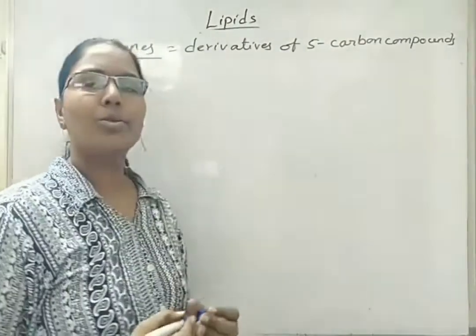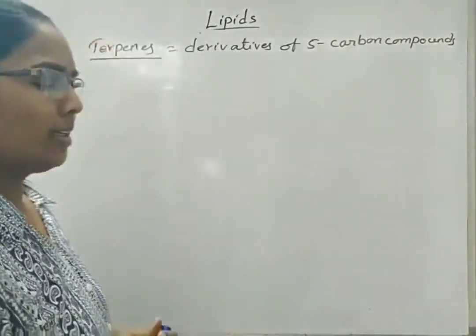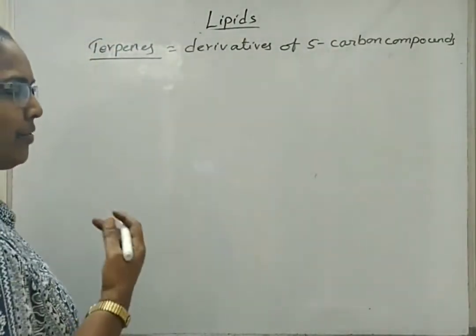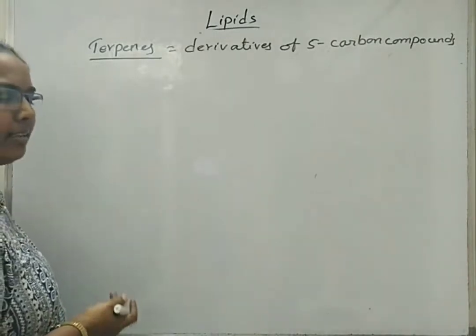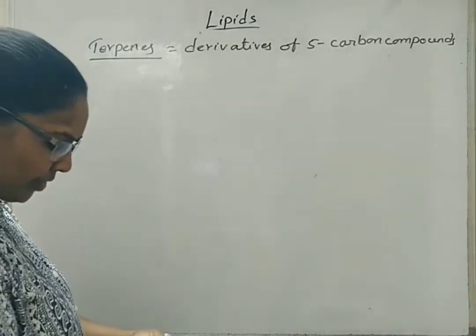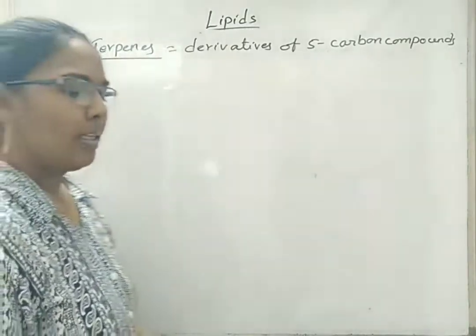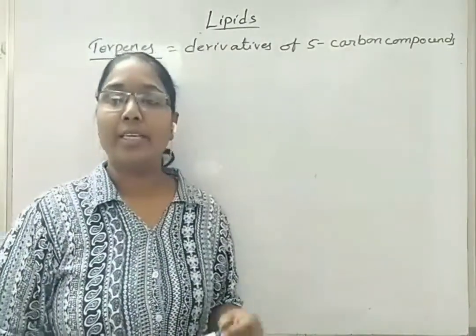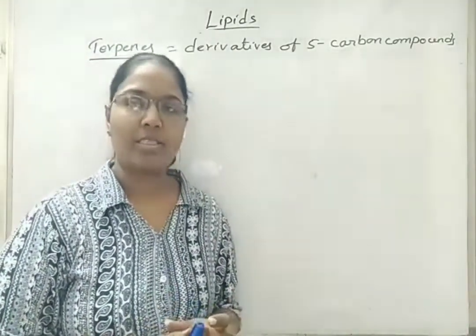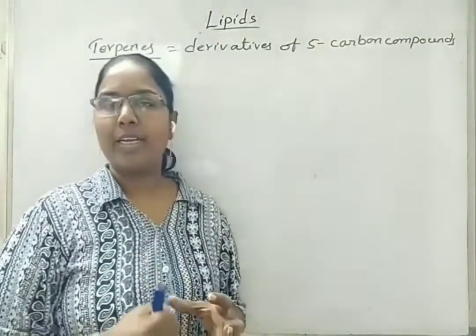Now, what is the use of these terpenes? These are used during the synthesis of vitamin A. Also, they are used for synthesis of carotenoids, and they are considered very important substances for providing good flavor and aroma.